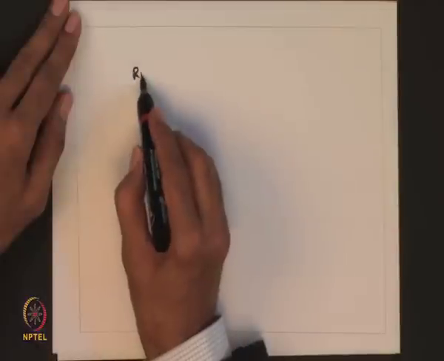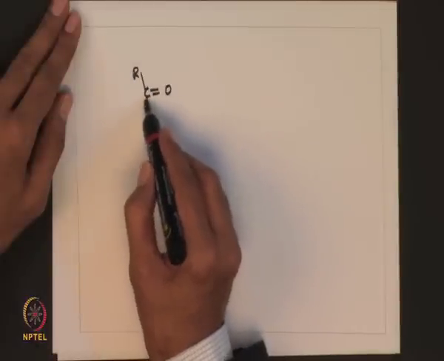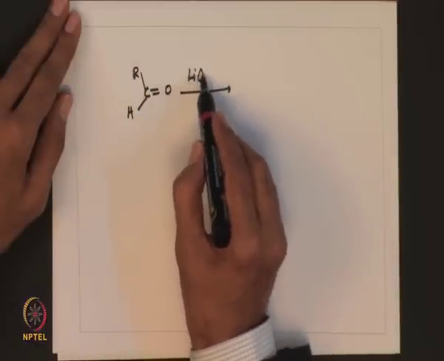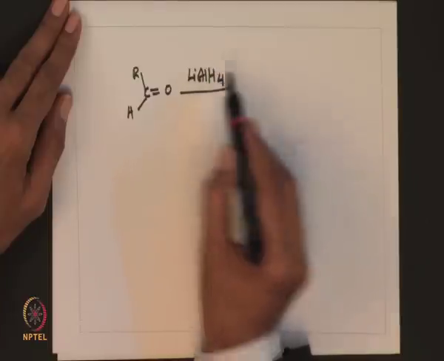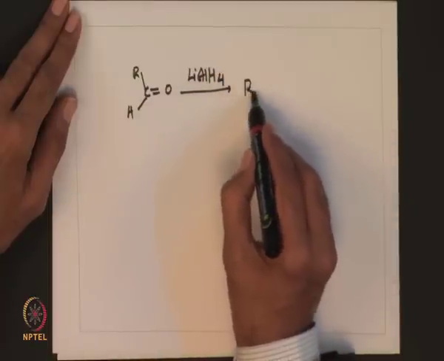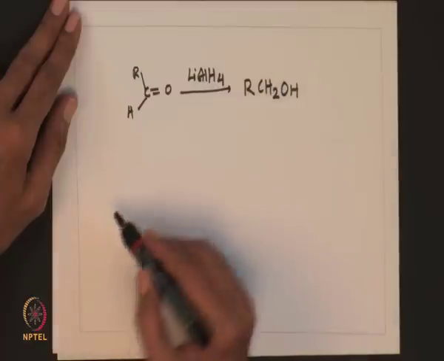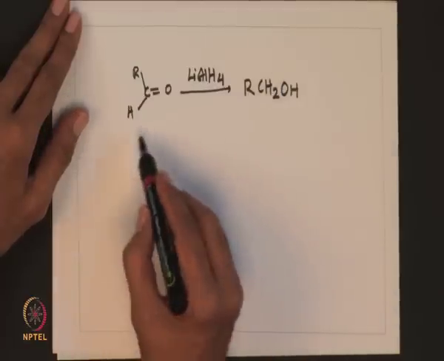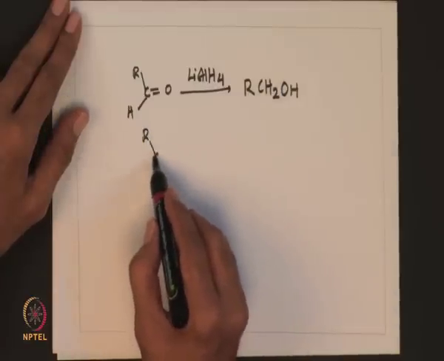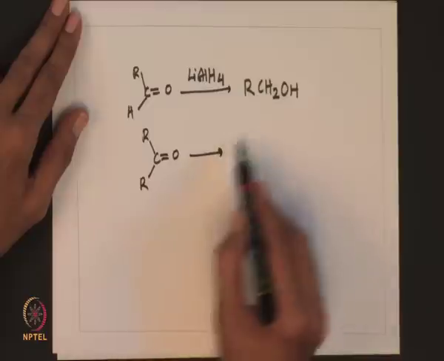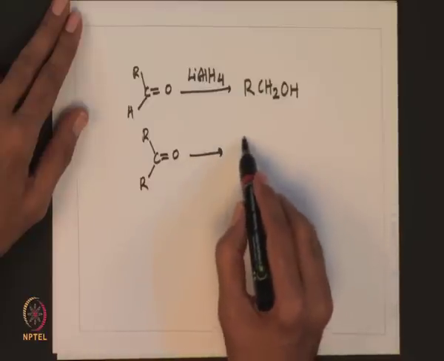For example, if you take an aldehyde and treat this one with lithium aluminum hydride, it gives the corresponding primary alcohol. And if you take a ketone, it gives secondary alcohol.